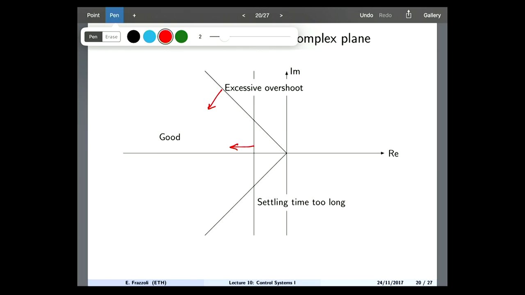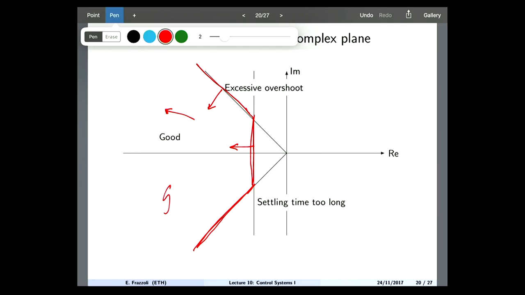And typically what you want is also the distance from the origin to be large enough, so that you get a good rise time, okay? So typically you just make sure that your closed loop poles are somewhere within this area, okay?